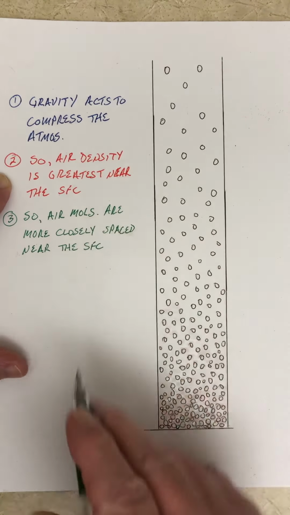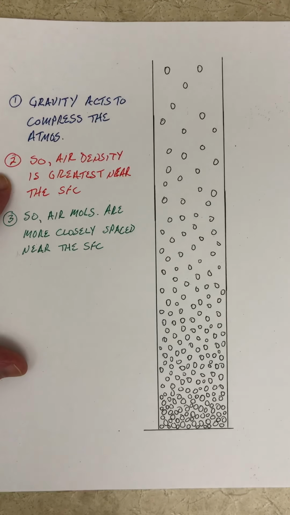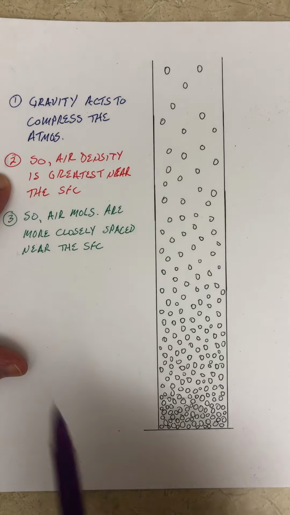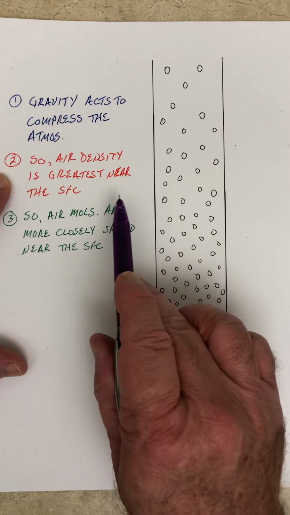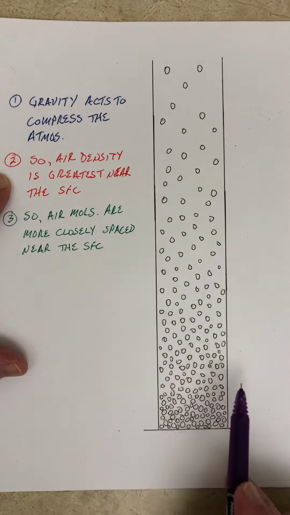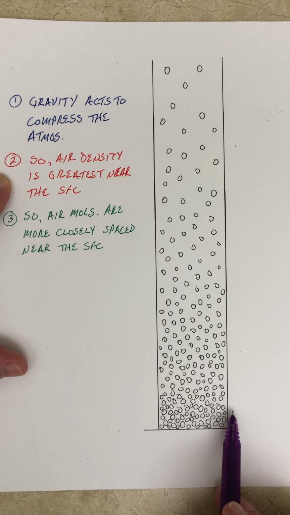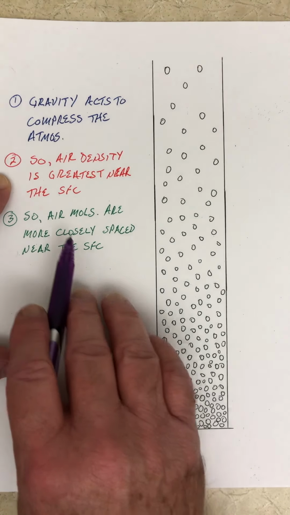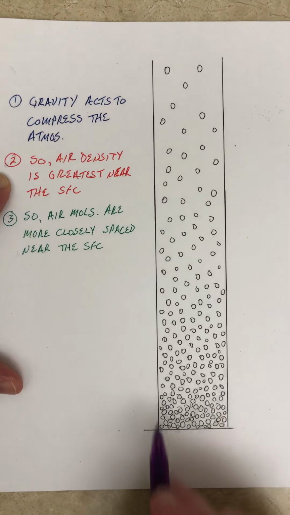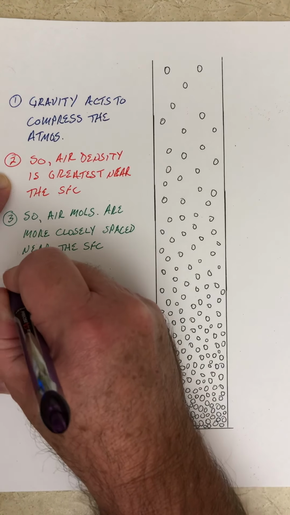Again, that's just another way of saying point number two. The air density is greatest near the surface. So gravity acts to compress the atmosphere, therefore the air density is greatest near the Earth's surface. That's where we find air molecules most closely spaced.